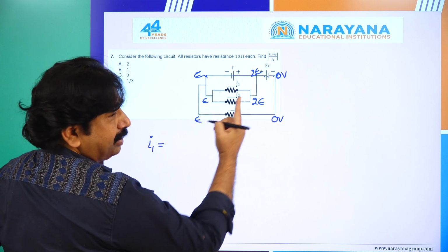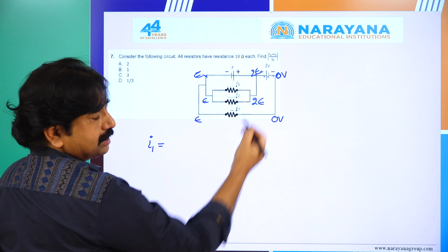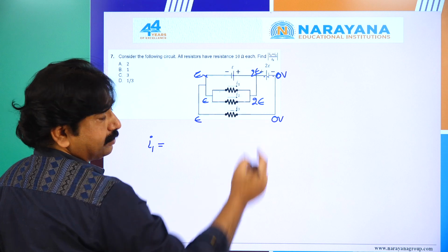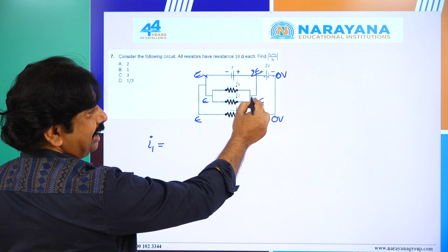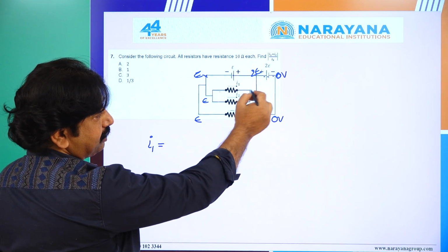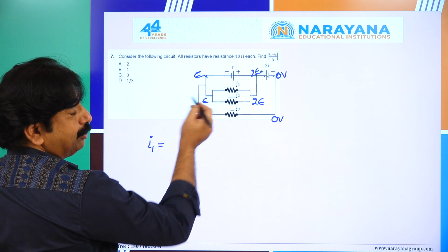But here, one thing everyone has to observe very clearly. Here the arrow marks are towards the right. But here this is the higher potential and this is the lower potential. That means the current should flow from this end to this end only.